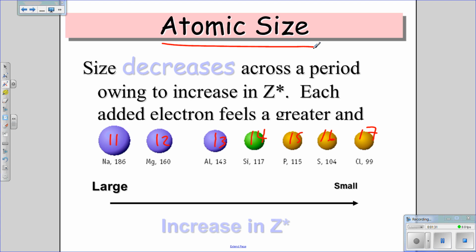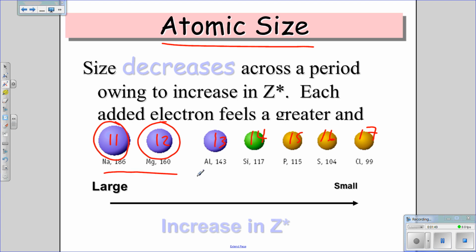You add a proton and an electron as you go across the periodic table. So sodium has 11 protons, 11 electrons. Magnesium has 12 protons and 12 electrons, but the electron feels a greater pull and the electrons are pulled in closer because of the additional proton.